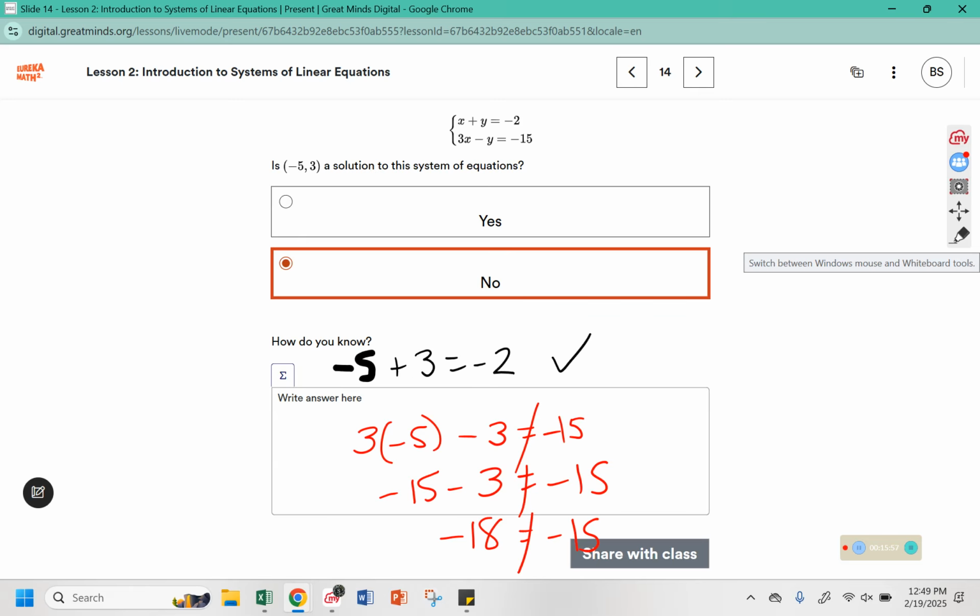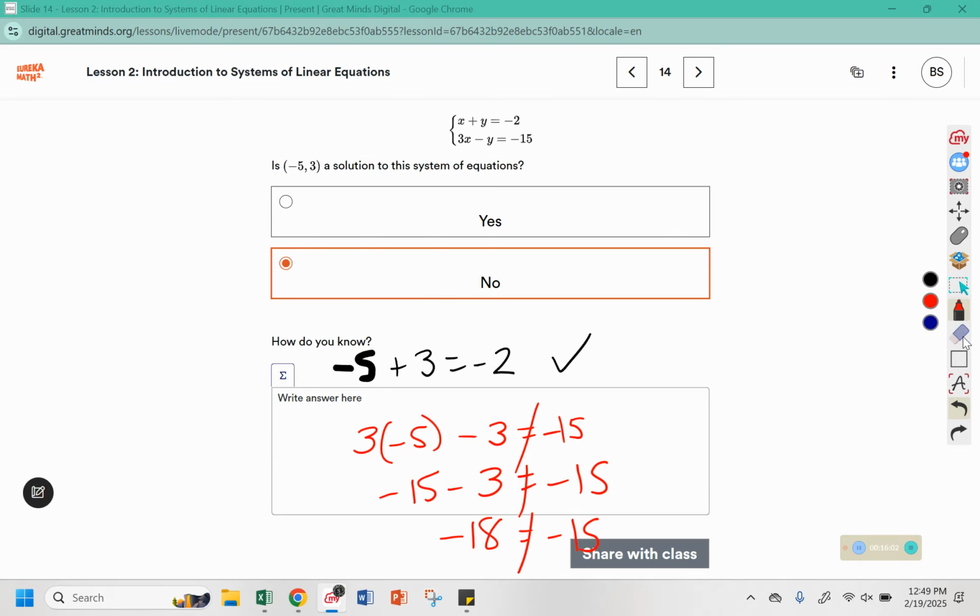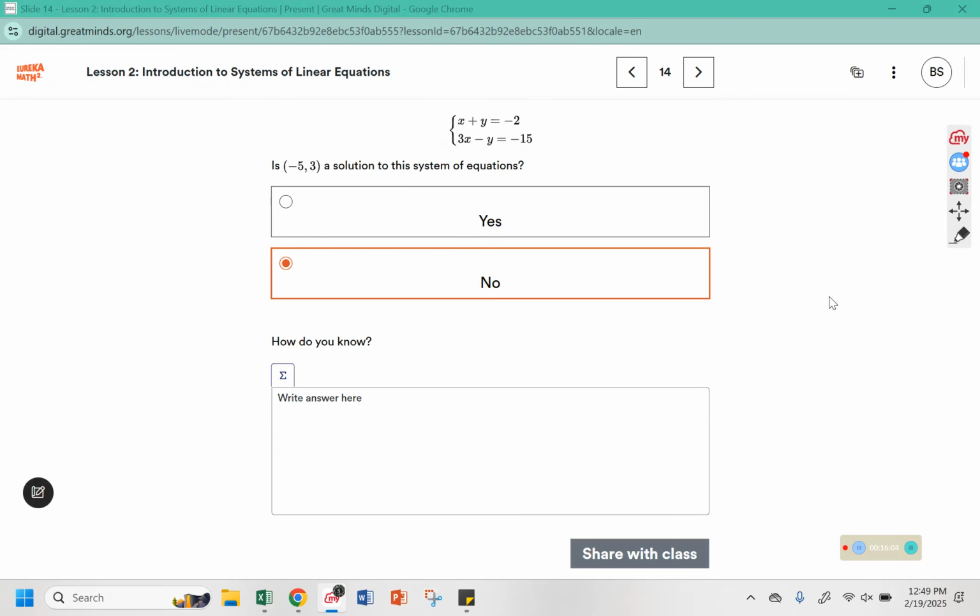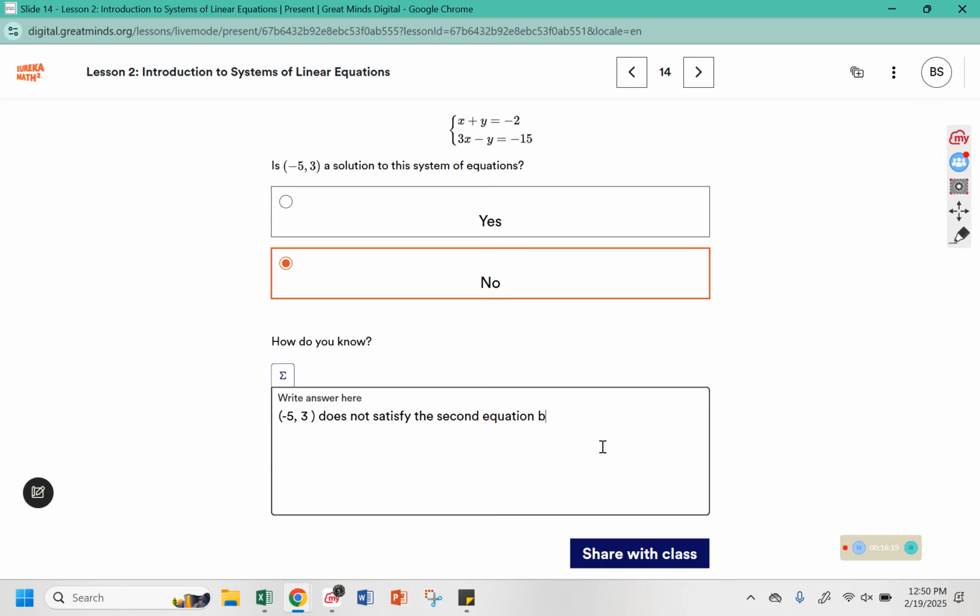And then we have to write how we know. Negative 5, 3 does not satisfy the second equation because negative 18 is not equal to negative 15.